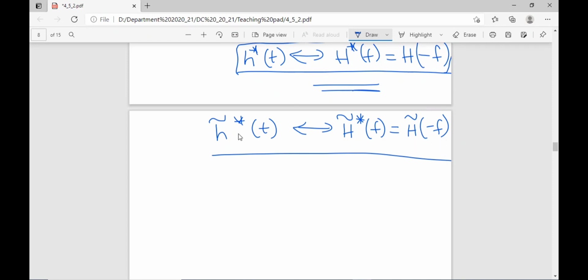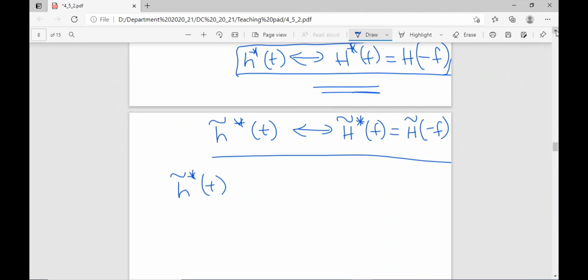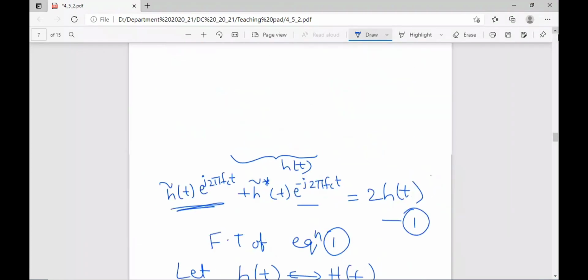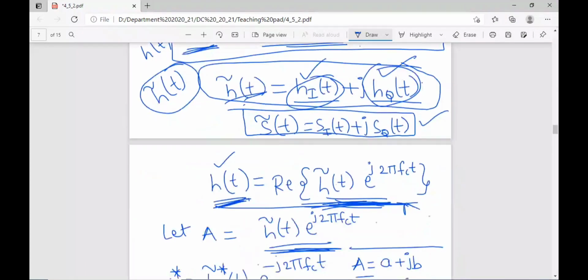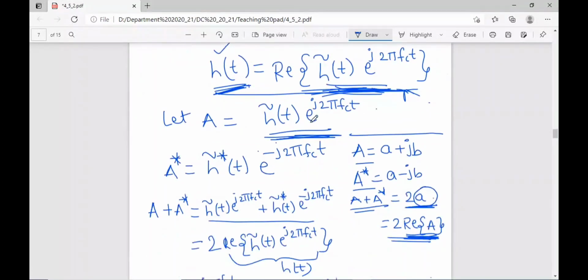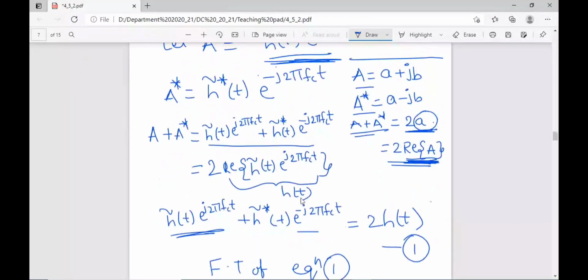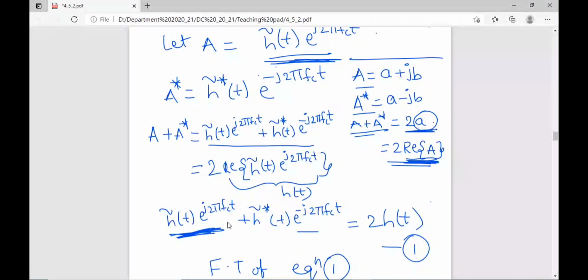Now I don't want h tilde of t and all that. What I want is h tilde star of t, the first one. From equation 1, this first part, h tilde of t e power j 2 pi fct.